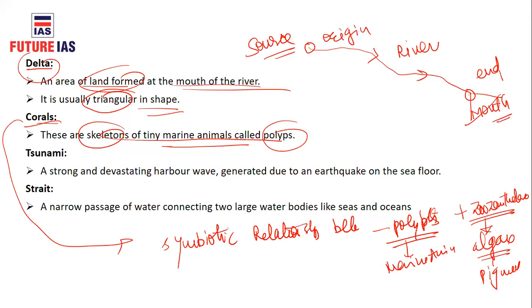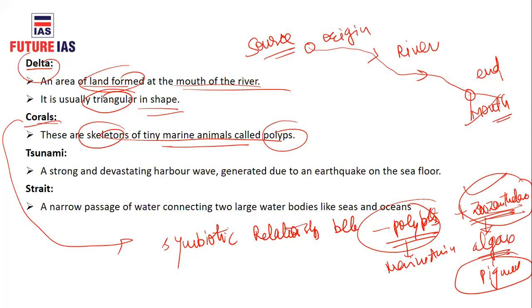So symbiotic relationship means the polyps would provide the zooxanthella a place to live, and the zooxanthella would provide the polyps the nutrients and the coloring pigment also. For example, if the color of any particular coral is say green, this green color is because of the green pigment of the algae which is known as zooxanthella.